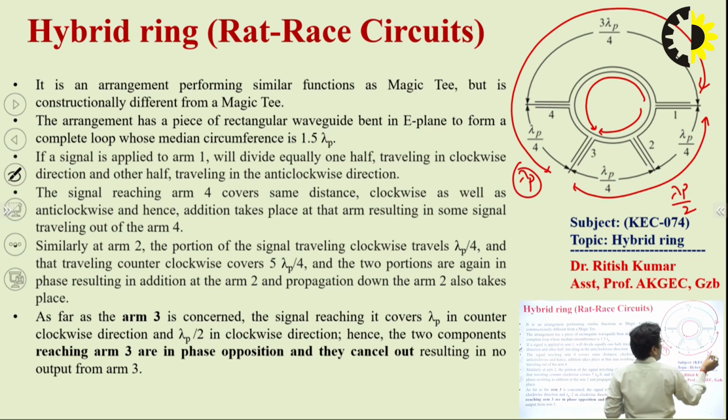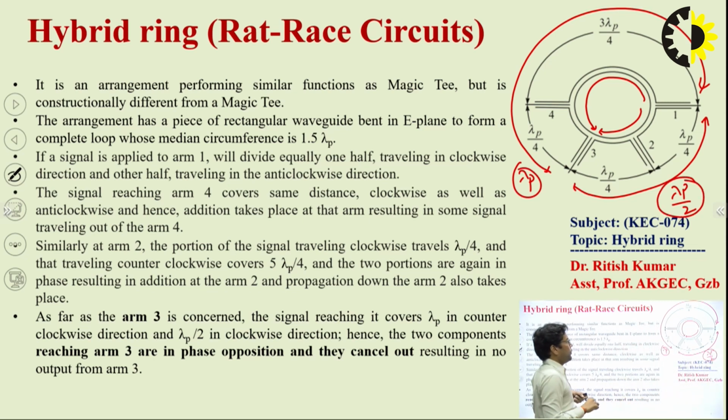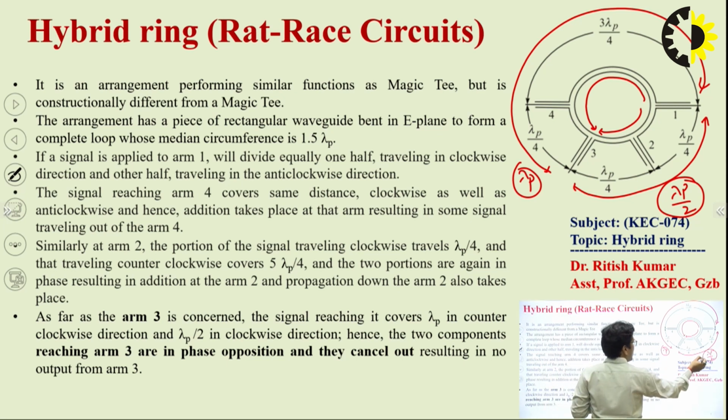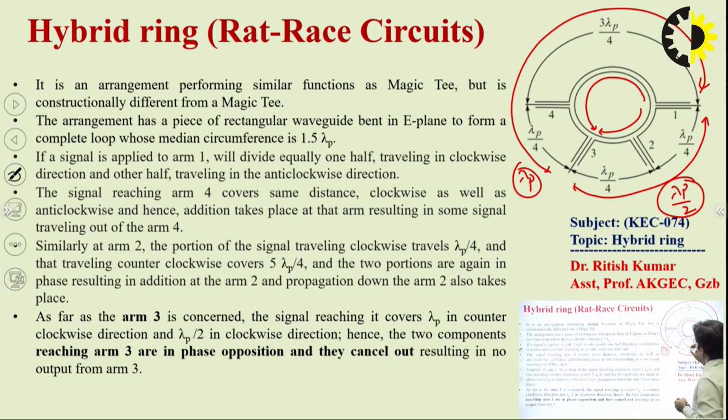Now if we calculate the relative phase for lambda p by 2, we will have the signals in opposite phase. So we will not have any kind of power at port number 3. No power we can receive. So at last we can conclude here.